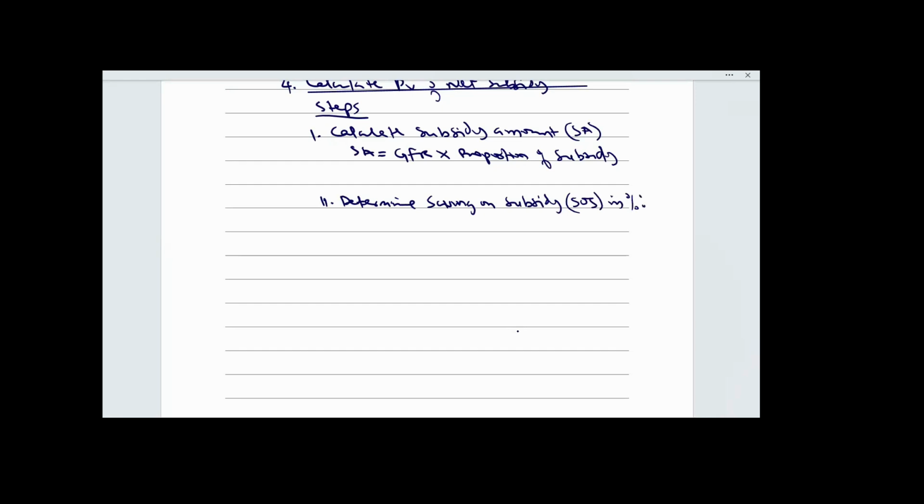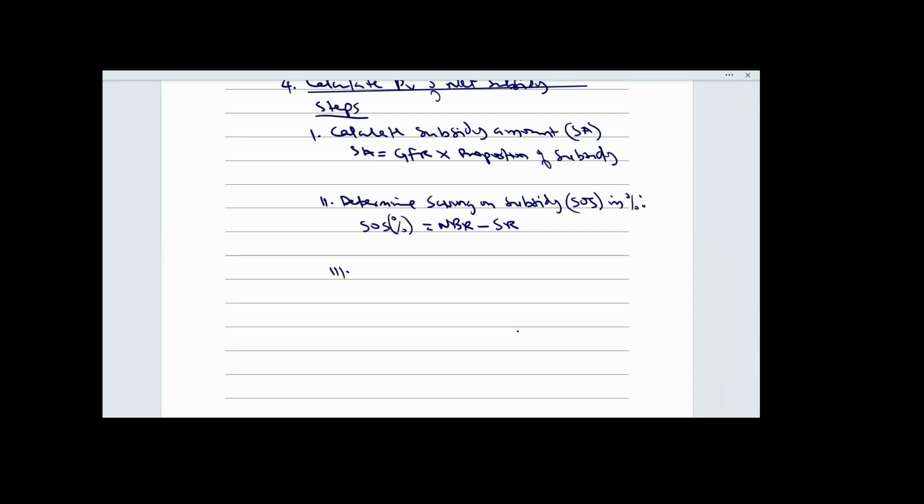How do you do this? The SOS percentage is calculated as the difference between the interest rates in the market and the interest rates through the subsidized loan. So you have normal borrowing rates minus interest rates on subsidy, that is subsidy rates. The difference between the two gives you the savings on subsidy.